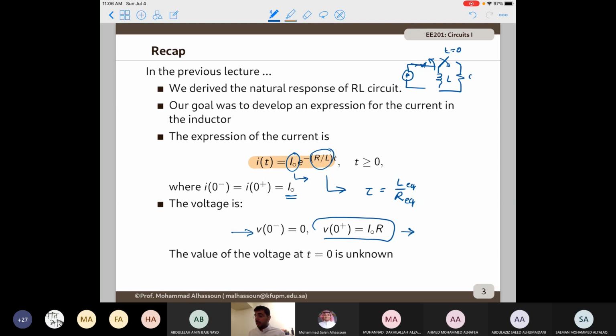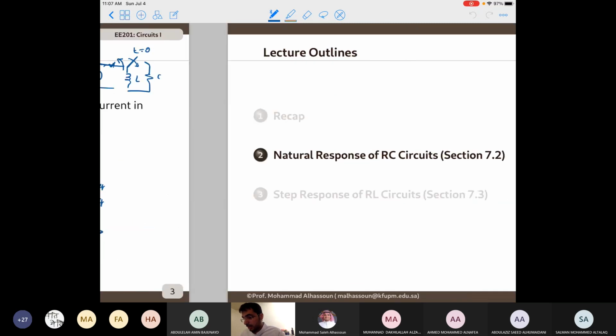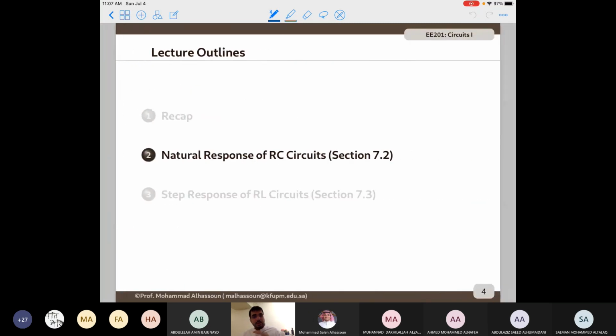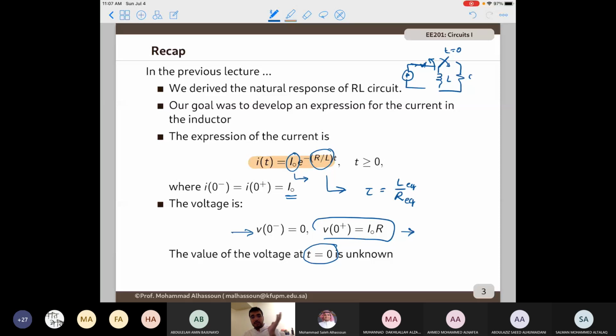And we said the restriction we had was that the current cannot change instantaneously, but the voltage can actually change instantaneously. So this implies that at the moment when the switch is open or closed, the voltage is not zero. Okay, this is what happened with the inductor, with the RL circuit, a circuit that has an inductor and resistor.